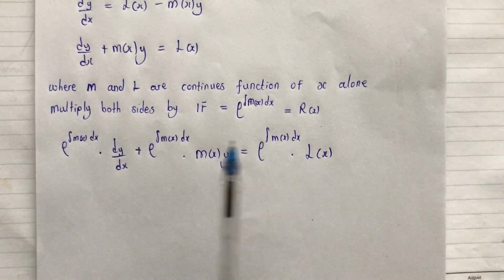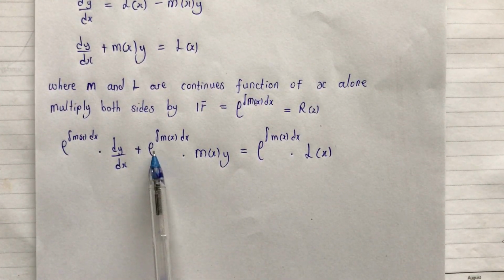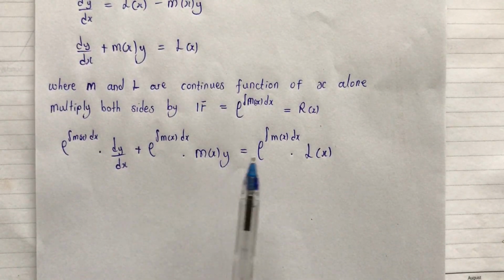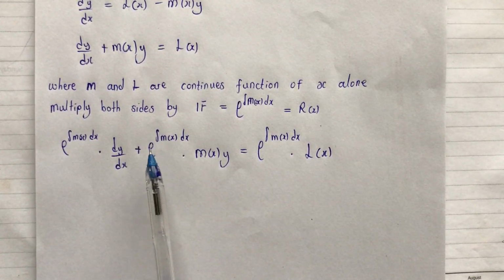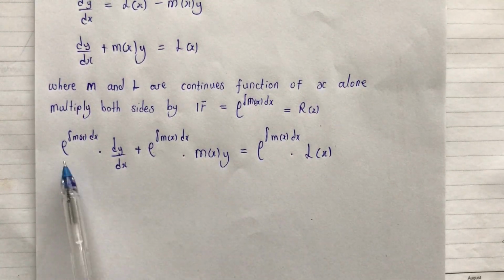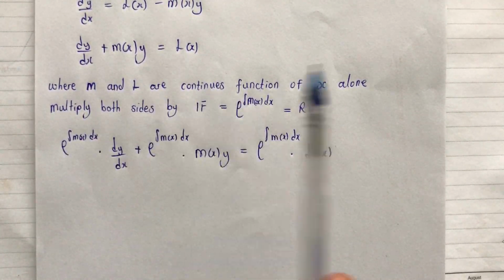Now in the next step, we consider the left-hand side of the equation and we take the derivative of the integrating factor and the variable y. This is because I explained in the introduction video that the derivative of the integrating factor and the variable y will generate a result equal to the left-hand side of the equation using product rule.